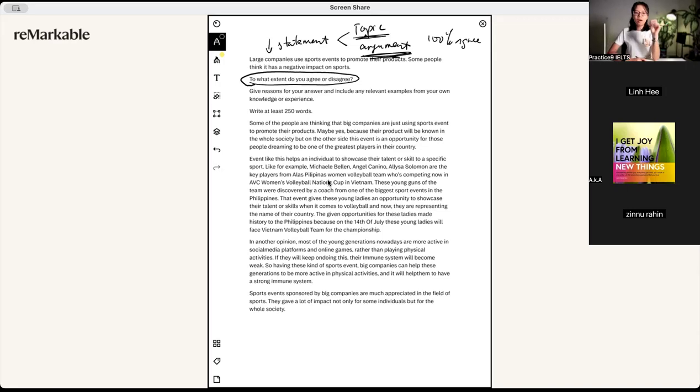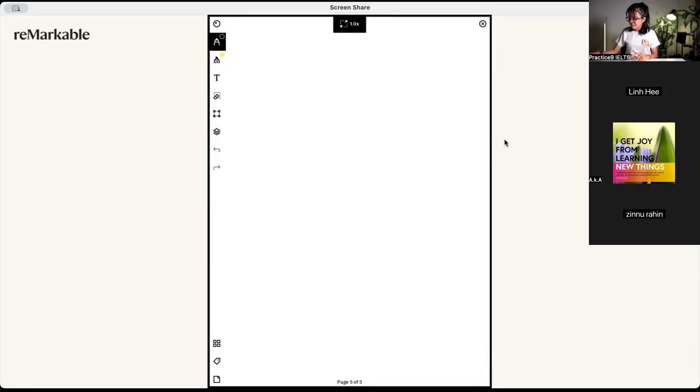So while I am waiting for you to answer, I will be talking very quickly about the structure of the introduction. So I'll move on to the next page of this file so that I can write, okay? We have here the introduction of any kind of IELTS writing task 2.